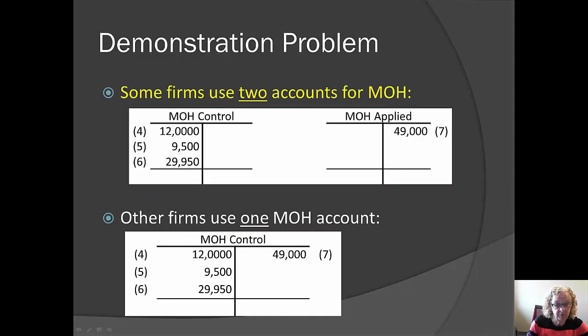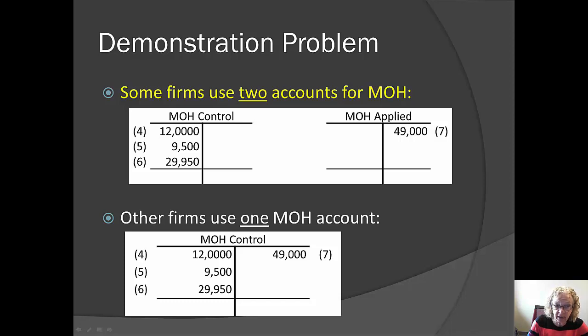Now, one more complication. Some firms choose to use two separate accounts for overhead. The overhead control account recognizes the accumulation of overhead items on the debit side, and the overhead applied account recognizes the allocation of overhead on the credit side.